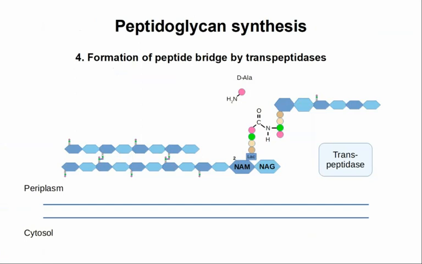These transpeptidases do not need any extra energy source because they cleave one peptide bond, that's this one, and that cleavage releases the energy you need to make this bond.